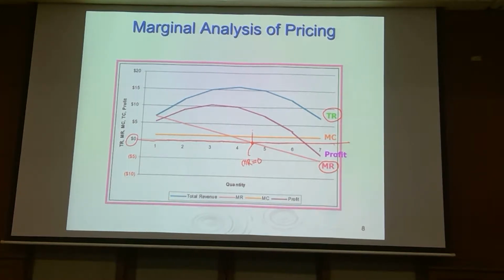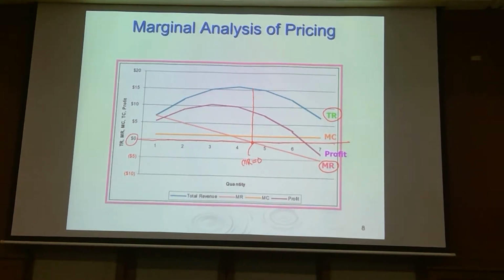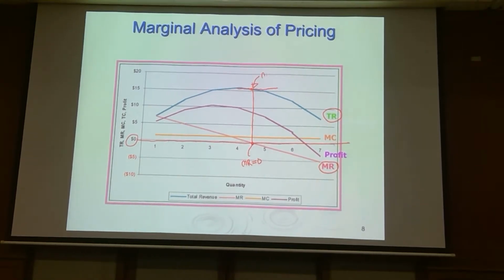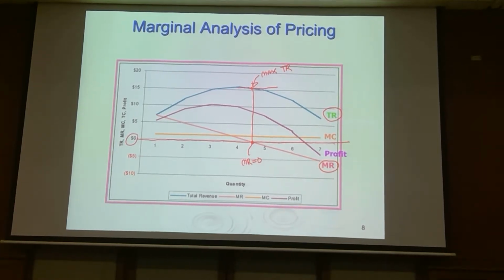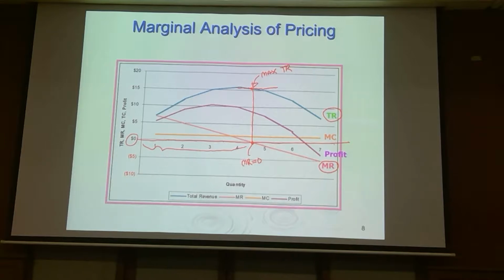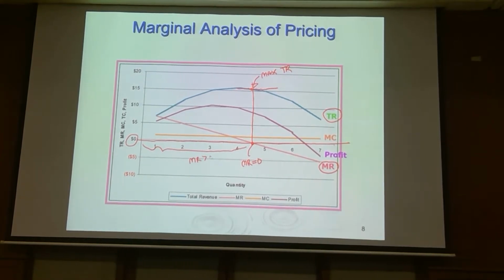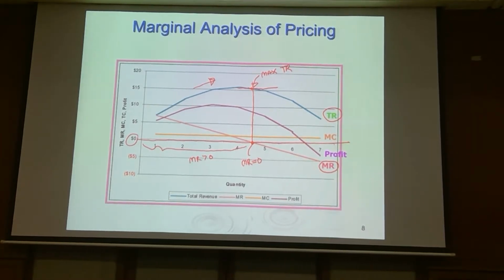If you look at the relationship between the marginal revenue and the total revenue curve above, here is where the maximum revenue should be. On the left side, where marginal revenue equals zero, when marginal revenue is still greater than zero, you see that the revenue is increasing.